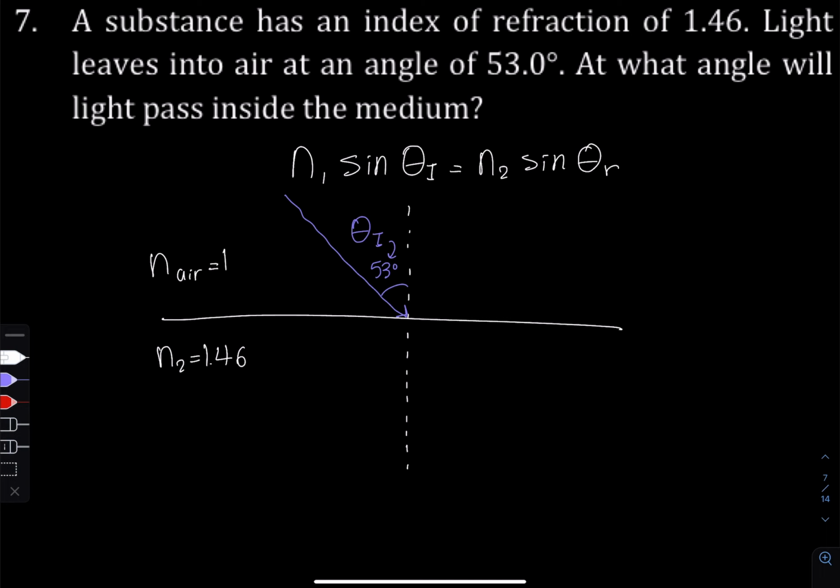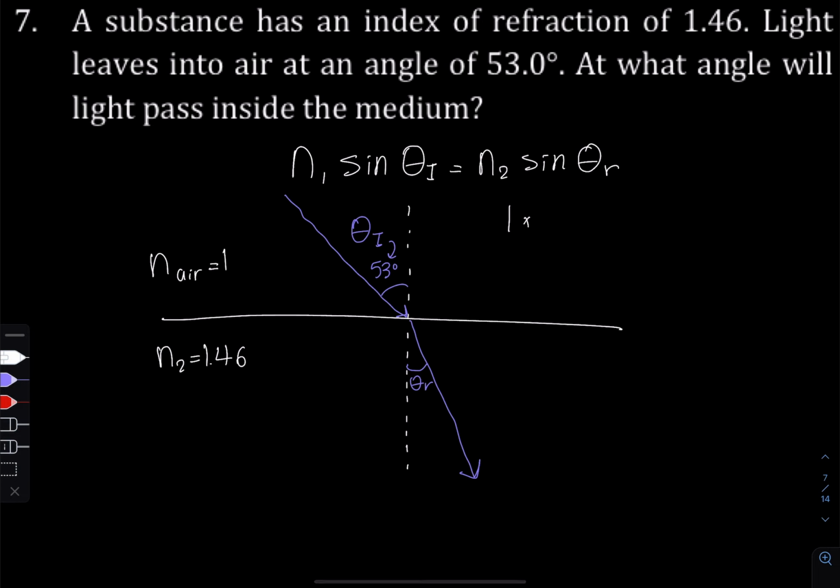So to do this, since the index of refraction is more than 1, it's going to bend this light ray a little bit. We're going to get this angle of refraction, and that's what we're trying to solve for, right? They're saying at what angle will it pass inside the medium, which is not air. It's the thing that has a 1.46 index of refraction. So to substitute these values into this equation, N1 is for air, that's just 1.